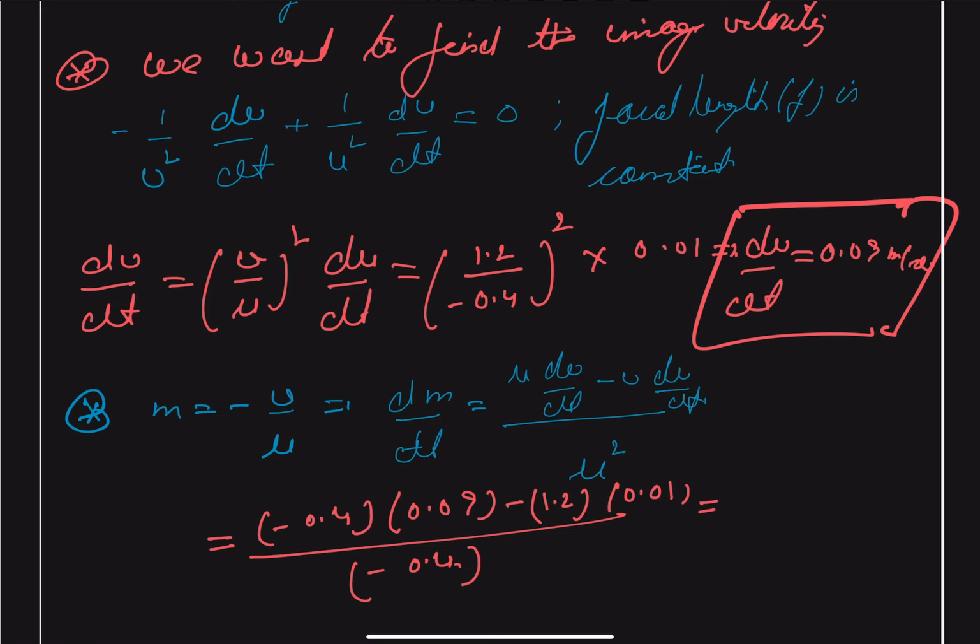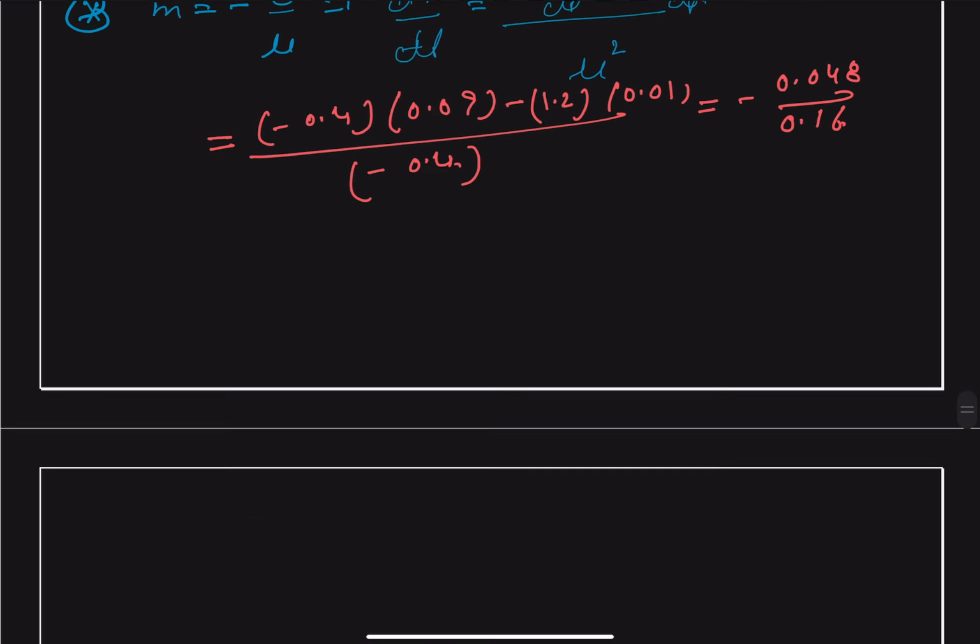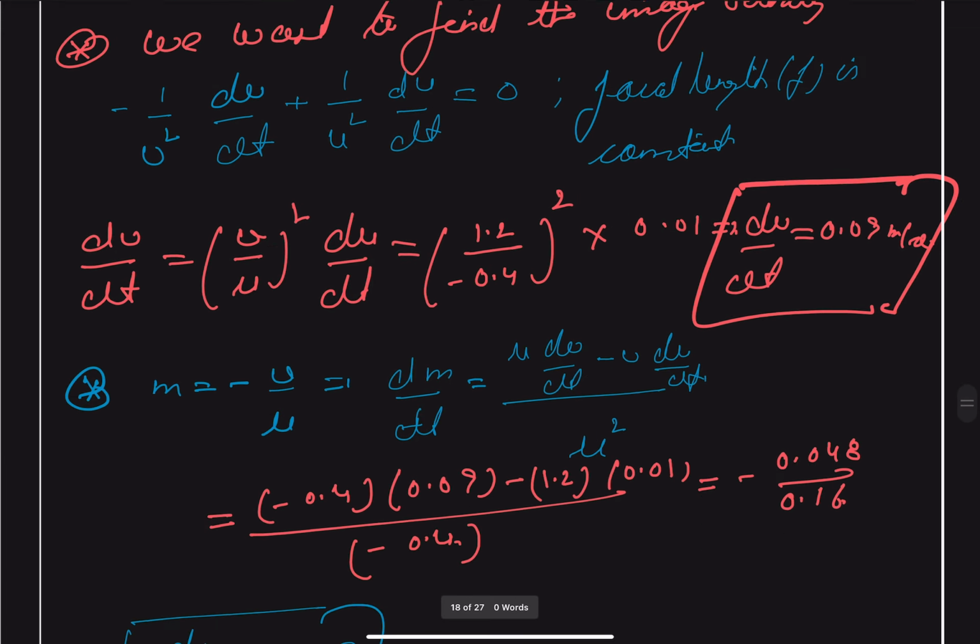So if we solve this, this will be coming close to minus 0.048 divided by 0.16. So we get rate of change of magnification will be equal to minus 0.3. So these are the two things which we are required to find out.